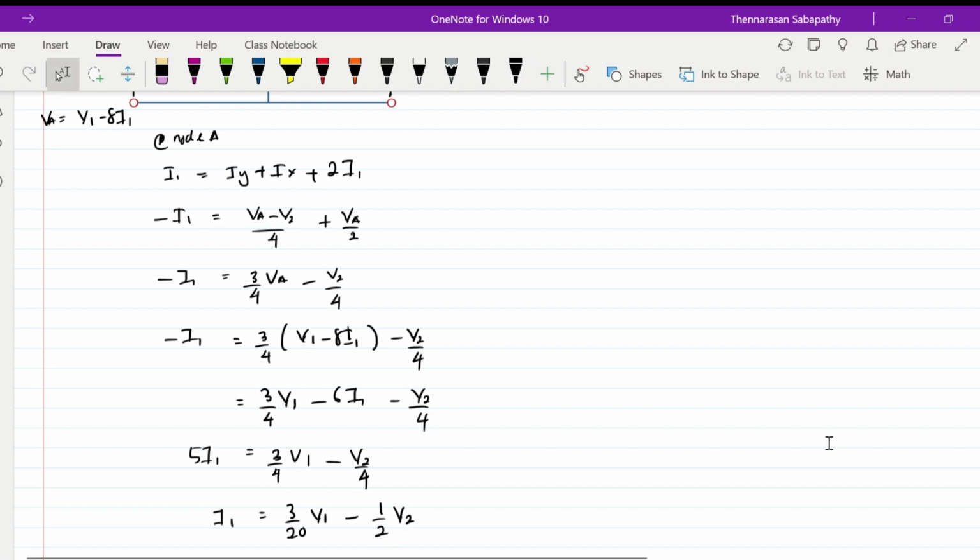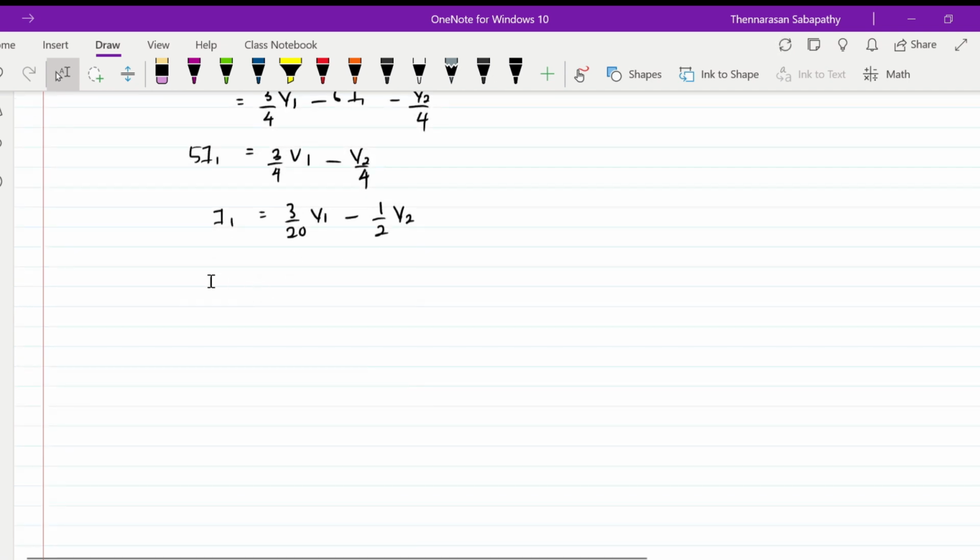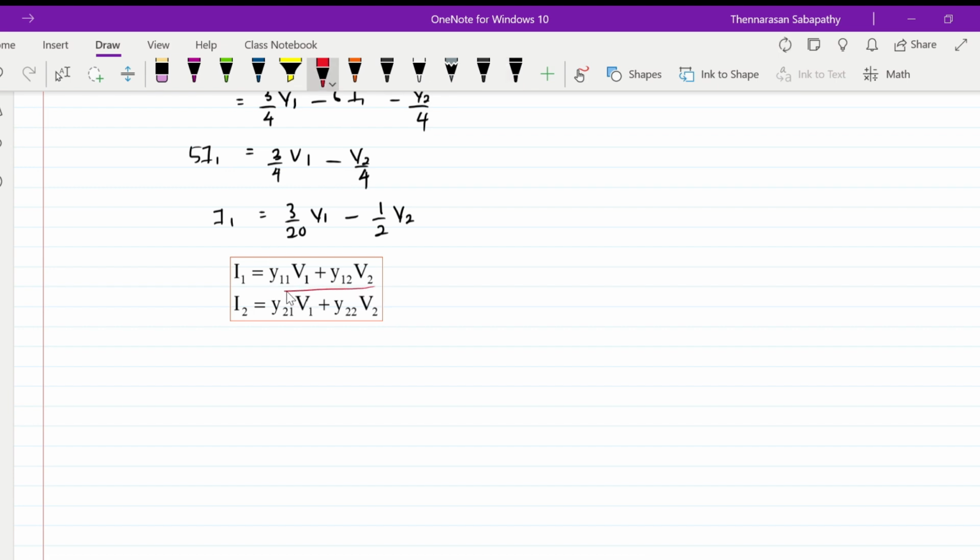Now you are going to compare with the equation here. You better copy and bring this side. You just compare with the same equation, where you can see the first equation is similar to what we have gotten here.